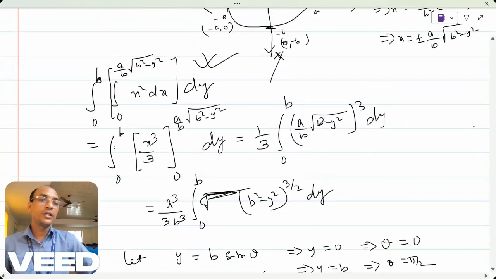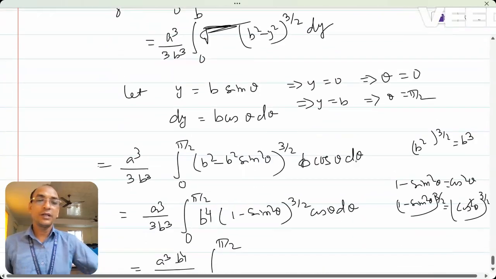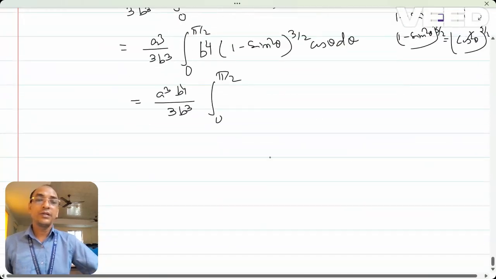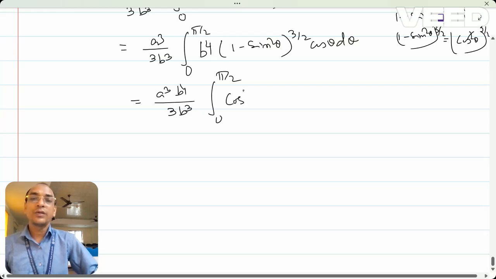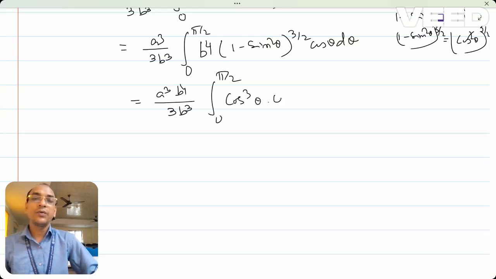So 2 will get cancelled, cos to the power 3, and so we can have cos cube theta into cos theta d theta. Okay, so finally what you will get? a cube b divided by 3 integration 0 to pi by 2 cos to the power 4 theta d theta.